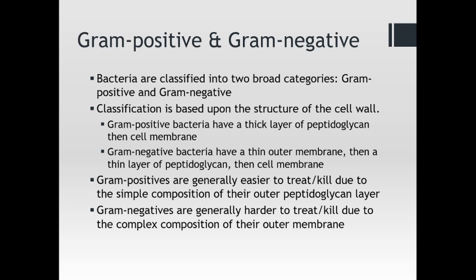And so as a result, it's difficult to break down that wall, that barrier, compared to the gram-positive simple peptidoglycan. So yes, it's a thinner cell wall and cell membrane with gram-negatives, but it's the complexity of the gram-negative that makes them, in some cases, more pathogenic and harder to kill.